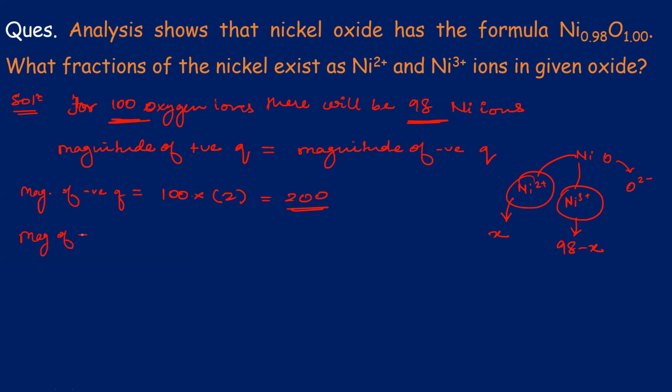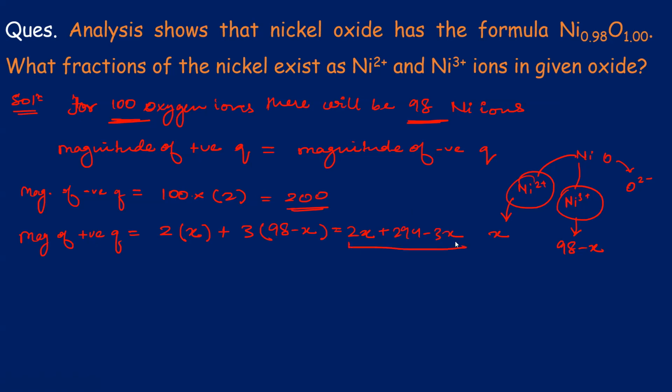So the magnitude of positive charge will be equal to, now each x ion will have two positive charge, so there will be two positive charge for each x, plus three positive charge for each of the 98 minus x ions. So what will this be equal to? This will be equal to 2x plus 98 threes are 300 minus 6, which is 294, minus 3x, right?